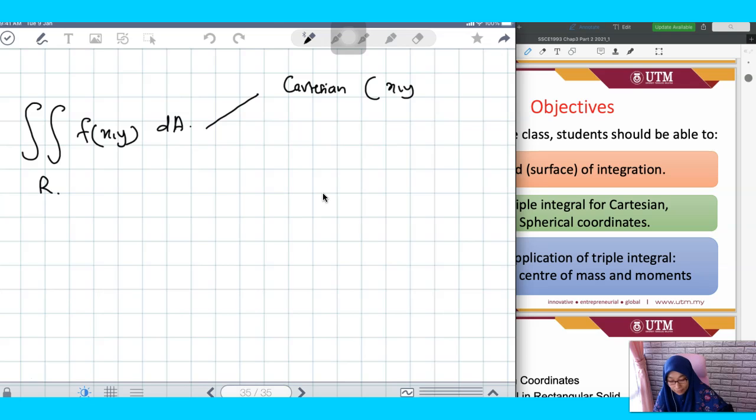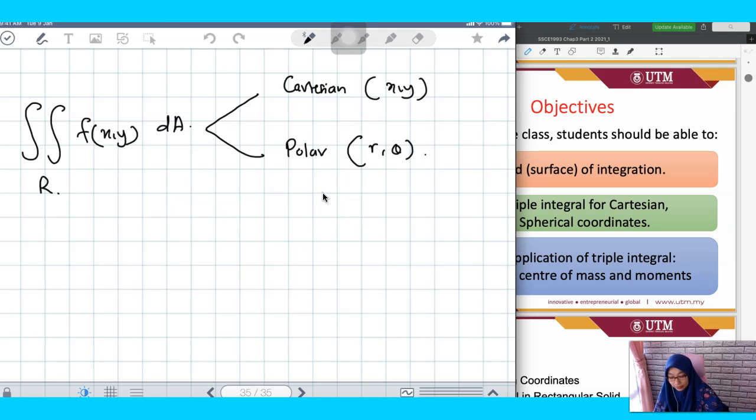But sometimes, if the region is part of a circle, it is much easier to solve in polar. The polar coordinate system has variables in terms of r and theta.